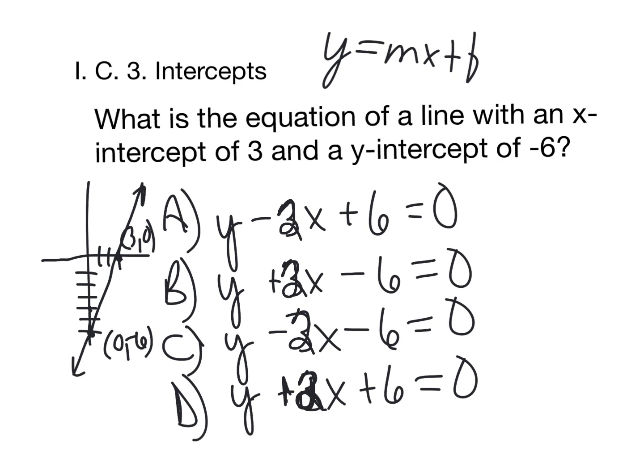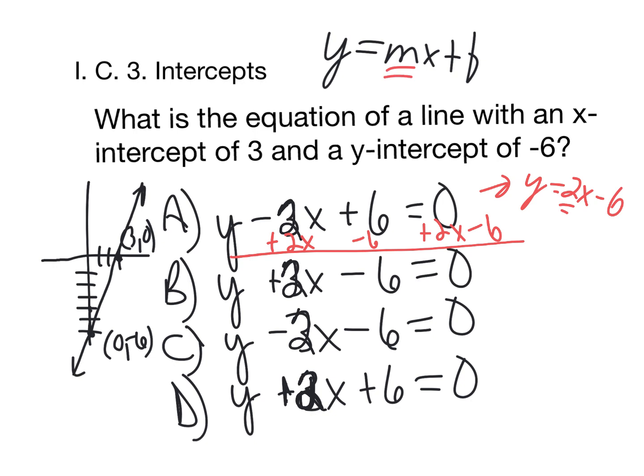Okay, so if we look at this first equation and try to get the y by itself, we could add 2x on both sides and subtract 6. So that would be y equals 2x minus 6. The number next to x, that coefficient, is our slope. So that has a slope of 2. So it's a positive slope anyway.